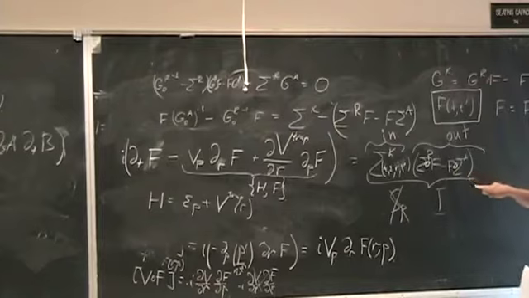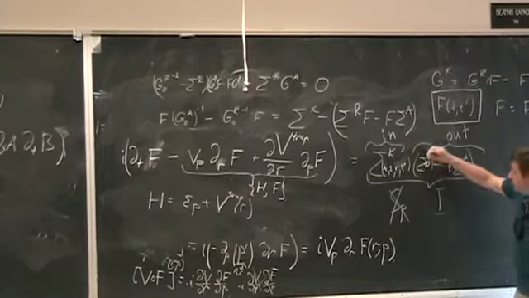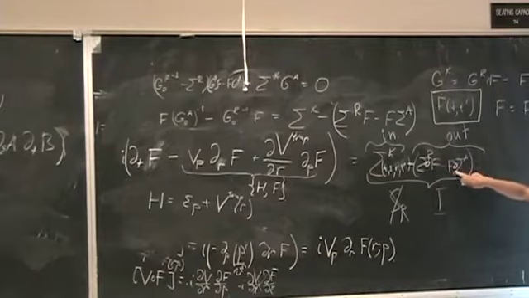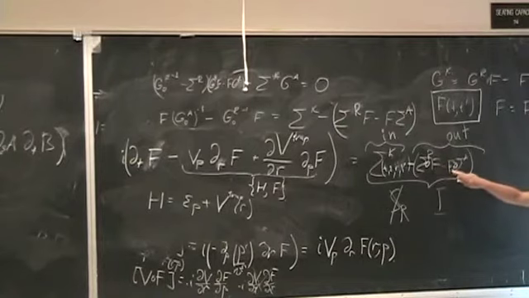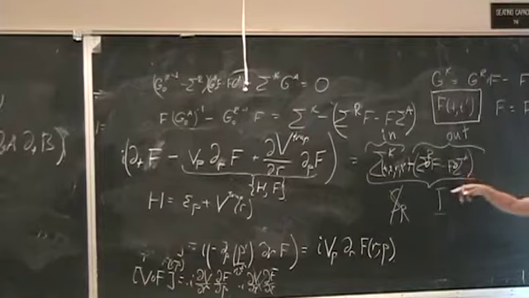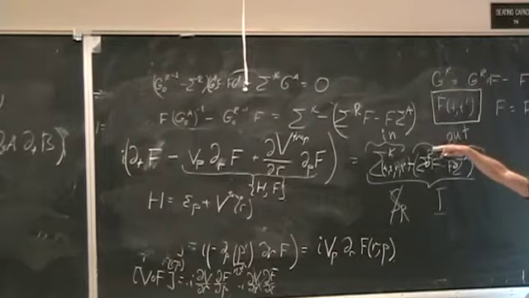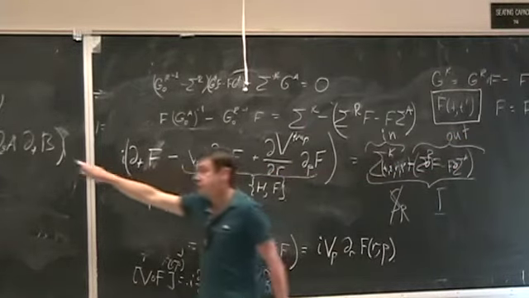These guys are slightly more complicated because they contain convolutions. This convolution has zero order terms, just the algebraic product of the Wigner transform of sigma retarded times f minus f times the Wigner transform of sigma advanced. But there are also commutators, and there are also terms like this.